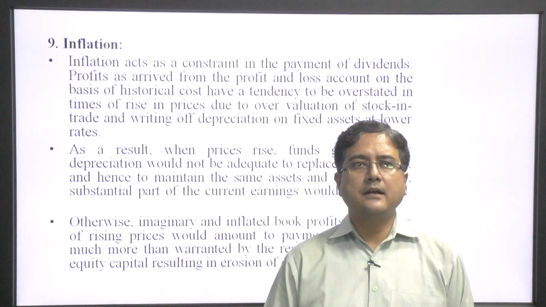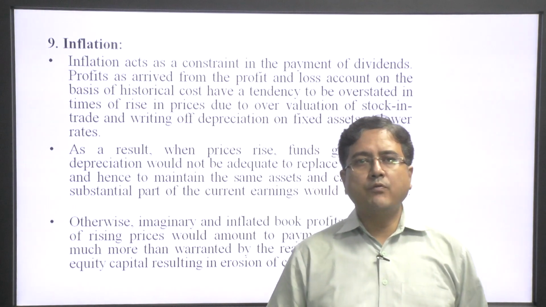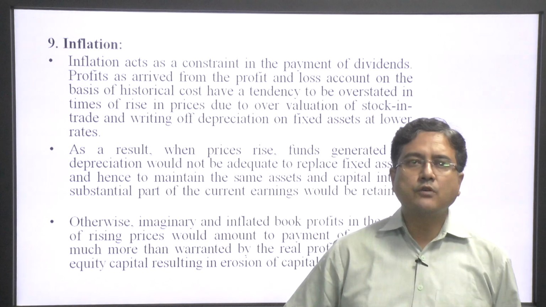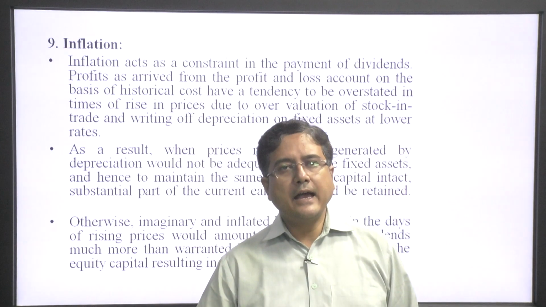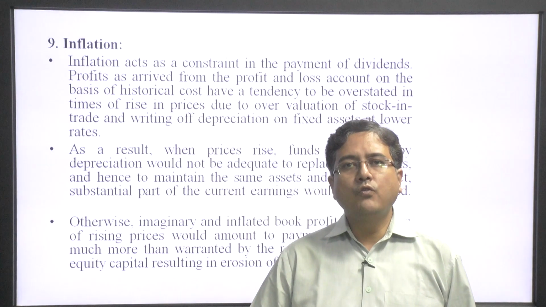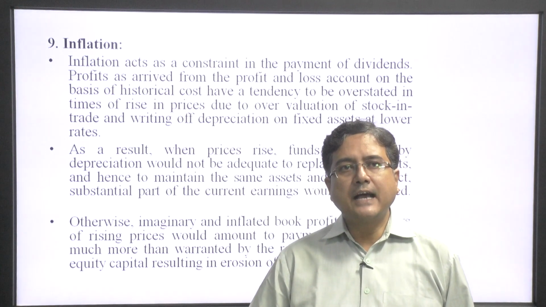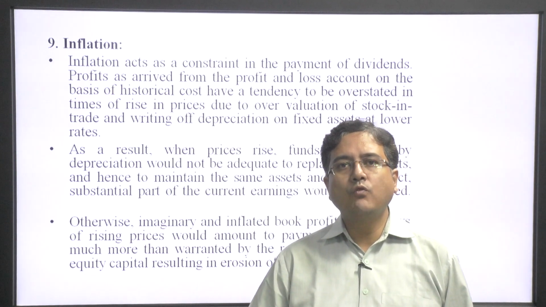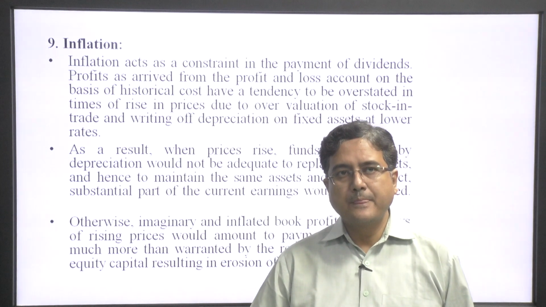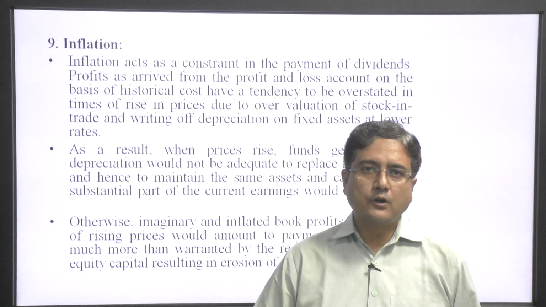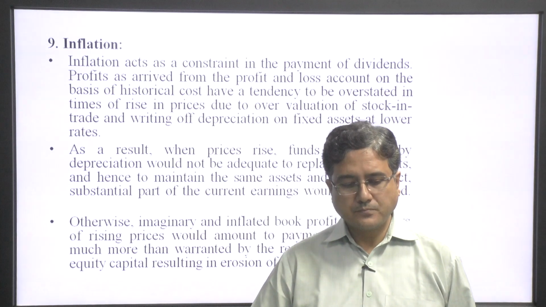Profit as available from the profit and loss account on the basis of historical cost has a tendency to be overstated in times of rising prices, due to the overvaluation of stock and a lower rate of depreciation on fixed assets.